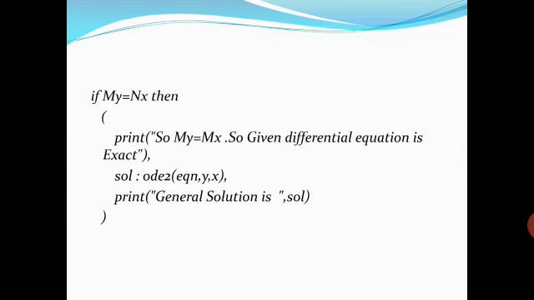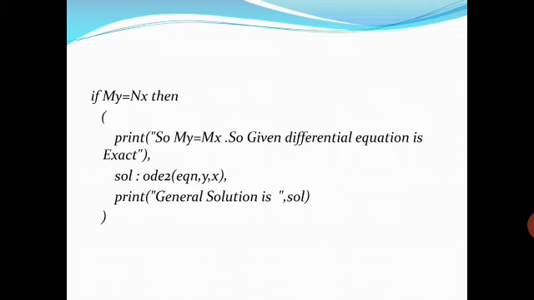Therefore, if My is equal to Nx, then open the bracket, print "given differential equation is exact". Look at print, open the bracket in the double inverted commas: My is equal to Nx, so given differential equation is exact. We have got My is equal to Nx, therefore the given differential equation is exact.